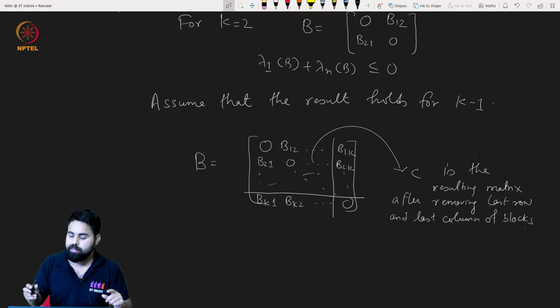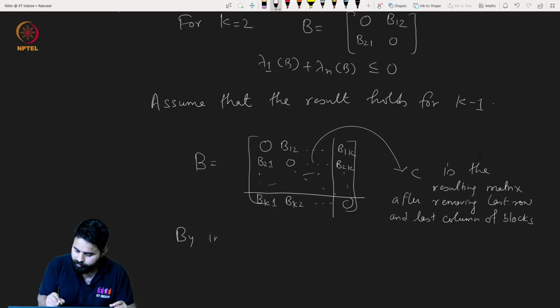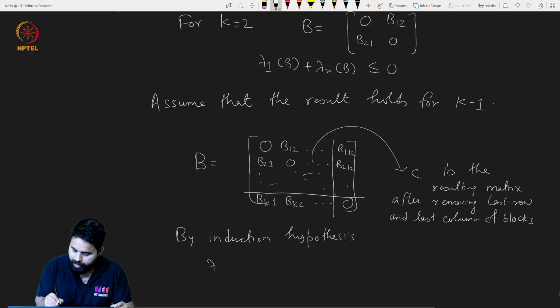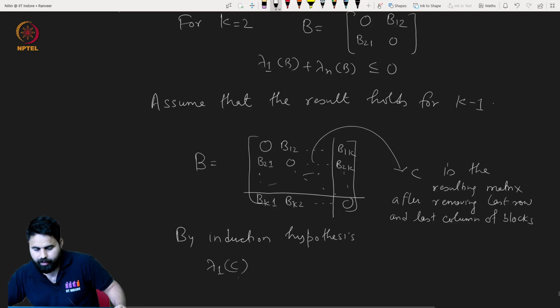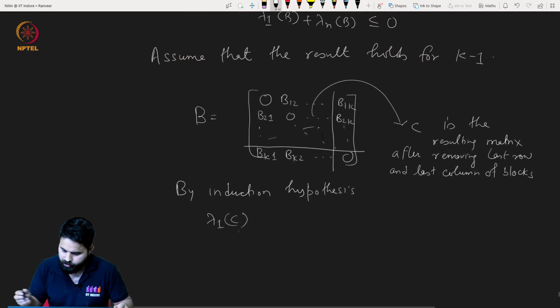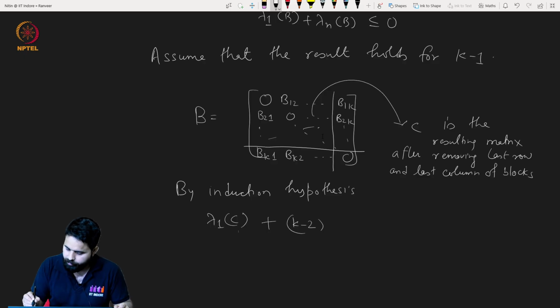So by induction hypothesis, we can write that lambda 1, the largest eigenvalue of C, and then because there are k minus 1 blocks, basically this k minus 2 here will be, because there are k minus 1 minus 2, then maybe now lambda minimum, let me write lambda minimum of C.